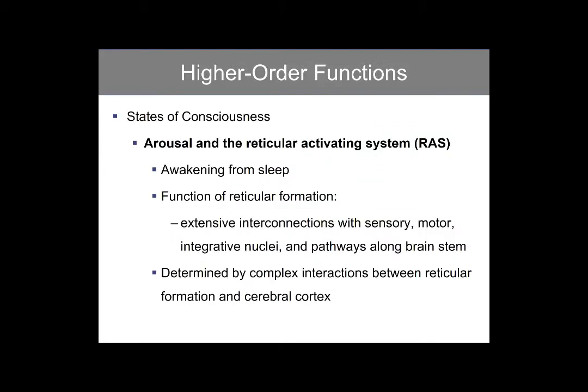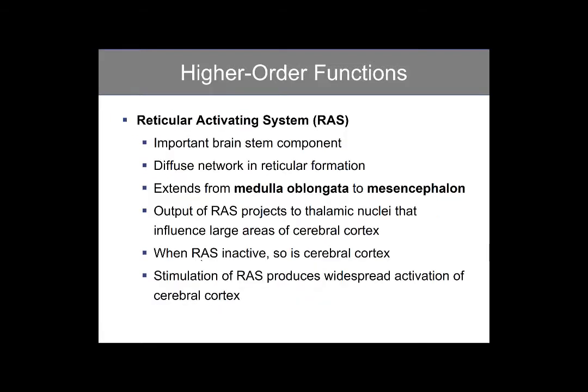Arousal and the reticular activating system, the RAS, causes awakening from sleep. The functions of the reticular formation involve extensive interconnections with sensory, motor, and integrative nuclei and pathways along the brainstem, and they're determined by complex interactions between the reticular formation and the cerebral cortex. The reticular activating system is an important brainstem component.